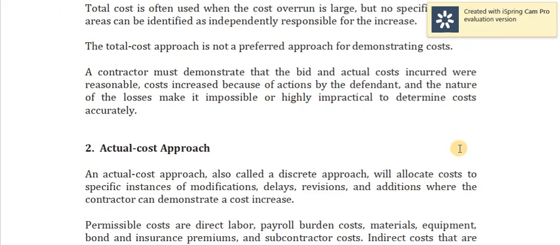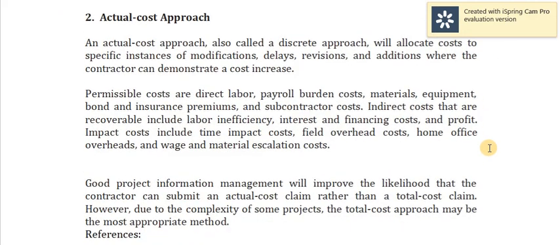And then number 2 is the actual cost approach. So, an actual cost approach is also called a discrete approach. So, this will allocate costs to specific instances of modifications, delays, revisions, and additions where the contractor can demonstrate a cost increase.